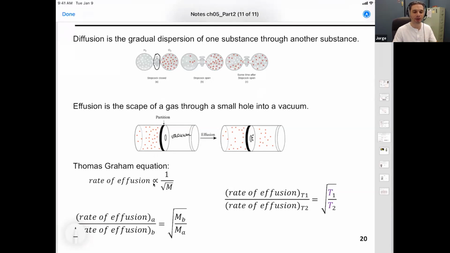Okay, heavier the compound, slower the effusion rate, or slower the speed. And I'm just showing here the equations, but I'm not going to get into many details for those.